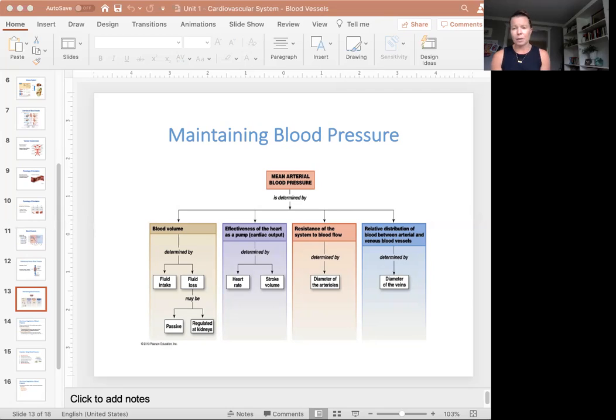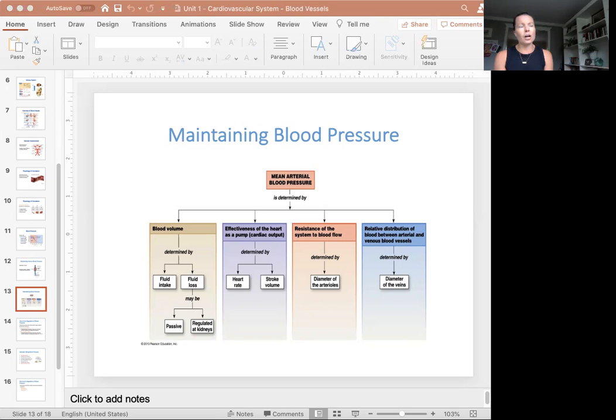It would only take maybe a couple of minutes. But long-term regulation is over a longer period of time, so it might take a couple hours to go into effect. So the short-term regulation is usually controlled by the nervous system. And these are changes to cardiac output and changes to peripheral resistance that can help then influence blood pressure.